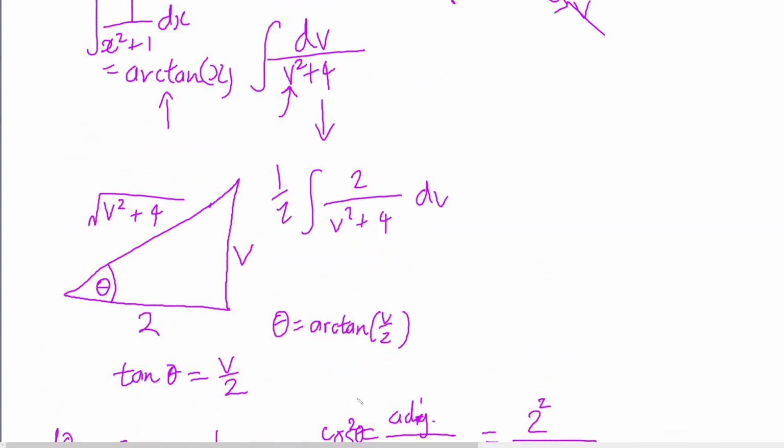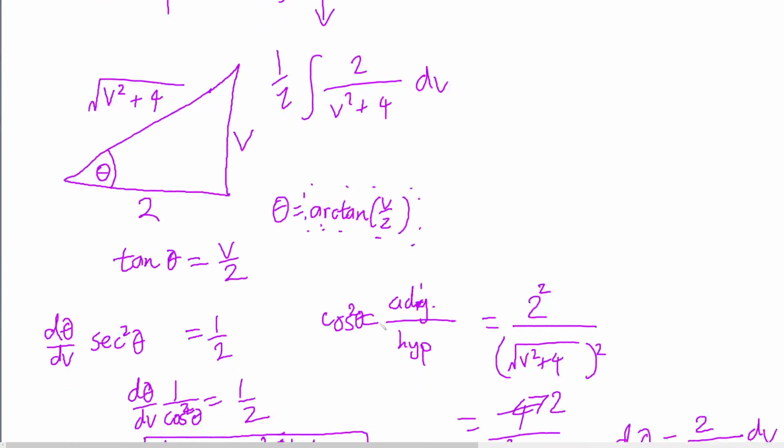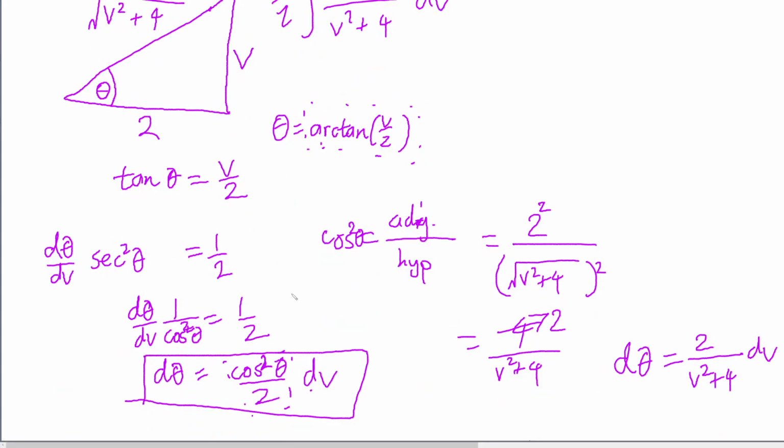We don't even need to find some arctan v over 2 in our original integral just to be able to make the substitution. All we need to know is that there is a relationship between these two variables that can be used to express this integral in terms of v, in terms of d theta, even if it's not explicitly in terms of theta, if that makes sense.